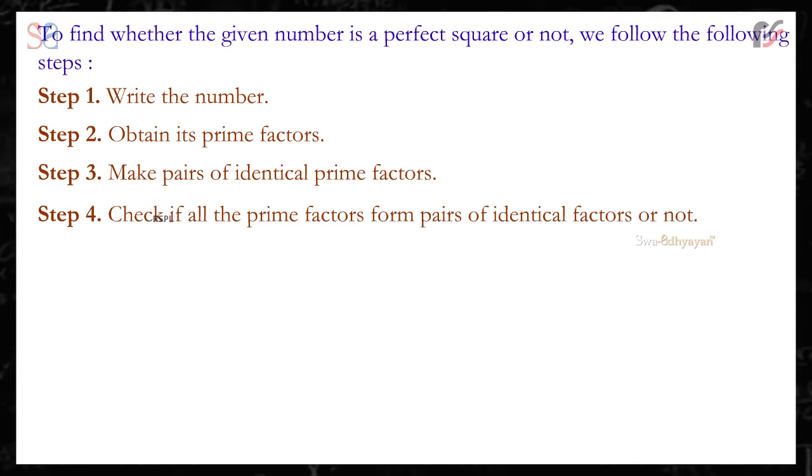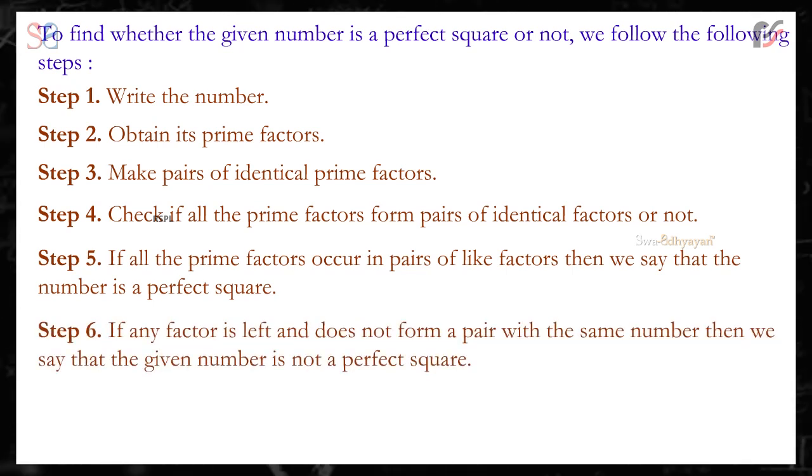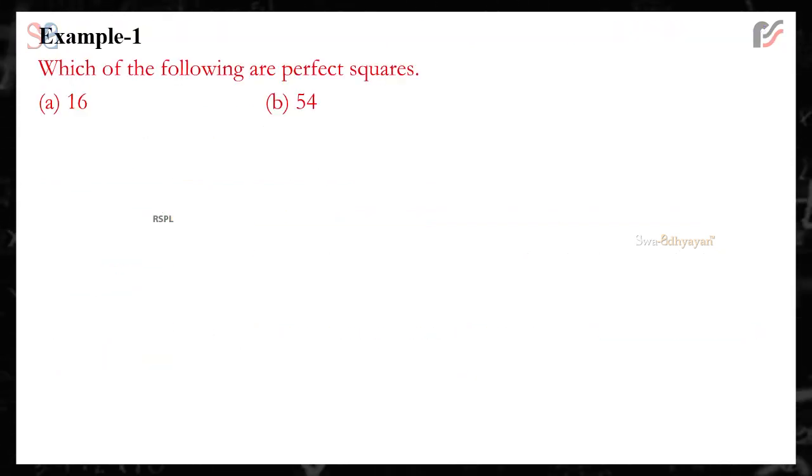Check if all the prime factors form pairs of identical factors or not. Step 5. If all the prime factors occur in pairs of like factors, then we say that the number is a perfect square. Step 6. If any factor is left and does not form a pair with the same number, then we say that the given number is not a perfect square.